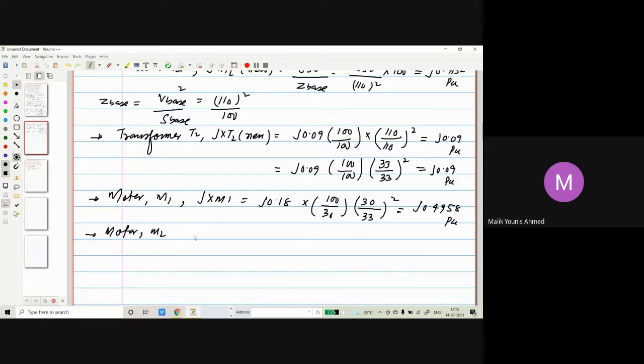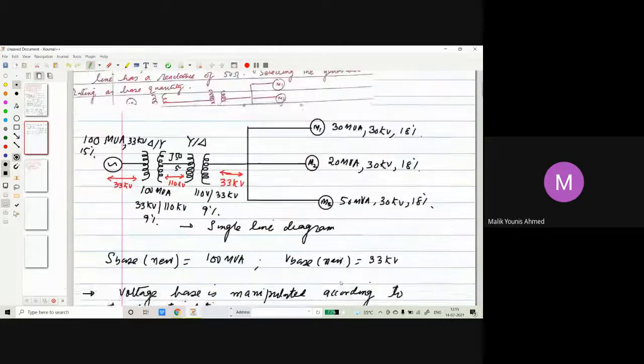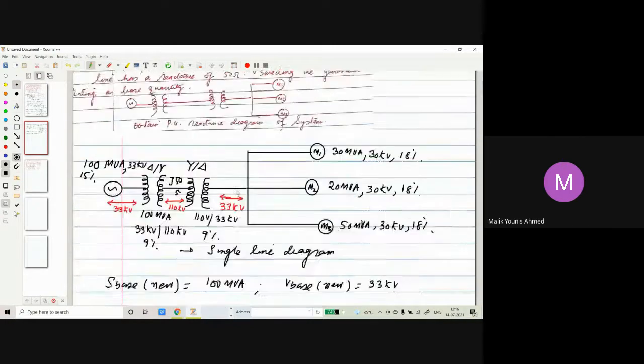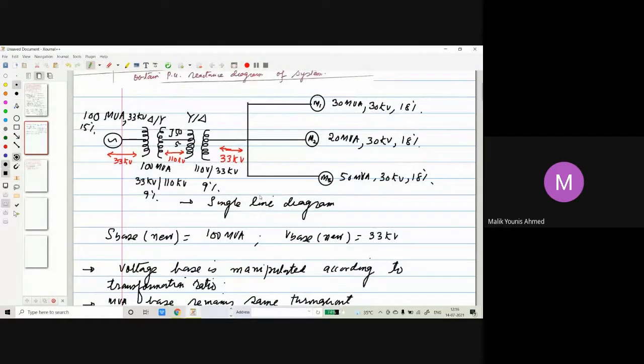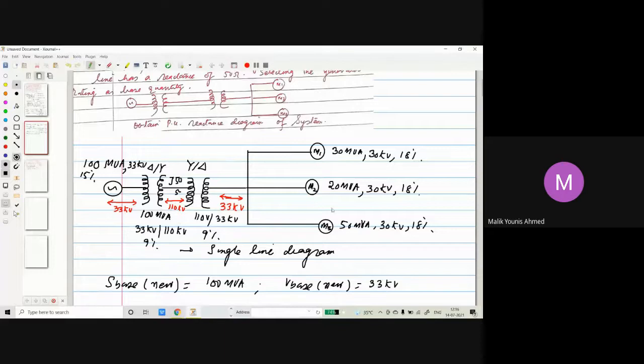Similarly, for the motor M2 we will have the same approach. That will be JXM2. This rating is the same, multiplied by this rating is the same. So we have to see the S base rating for motor 2. No, sorry, I wrote it wrong: the ratings are 30, 20, and 50. The MVA rating is different, but the kV rating is the same.